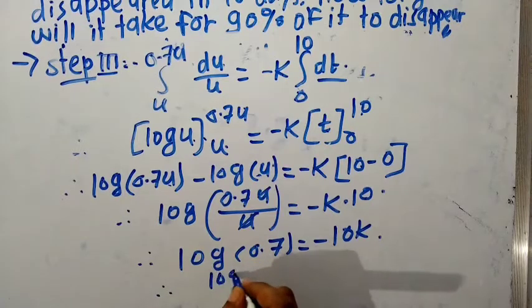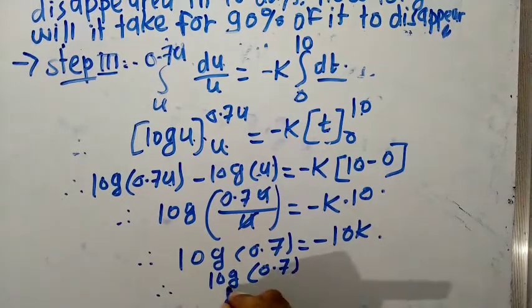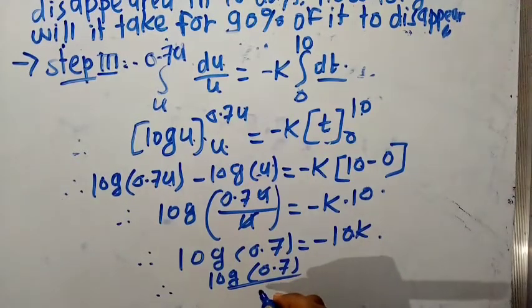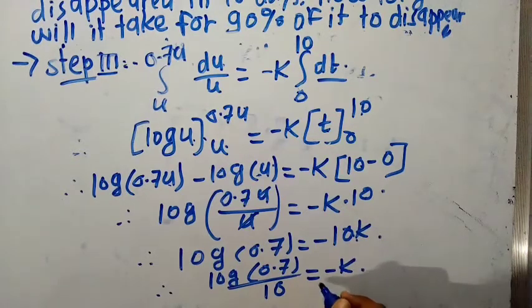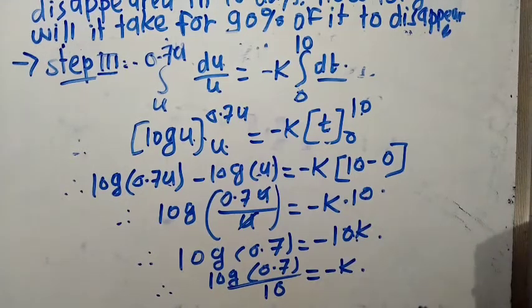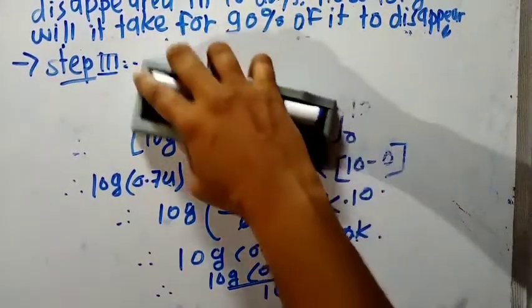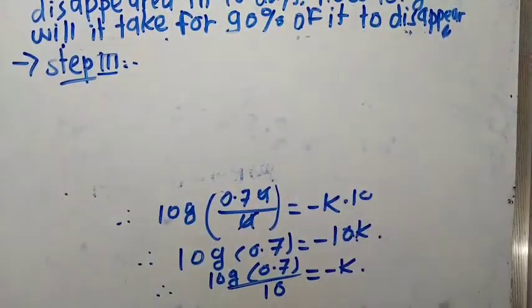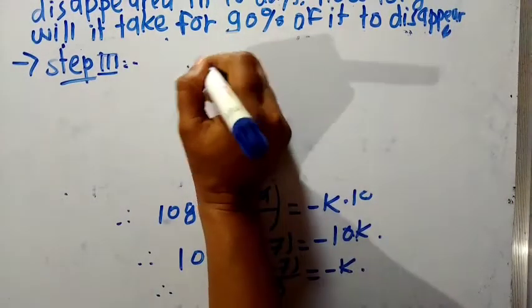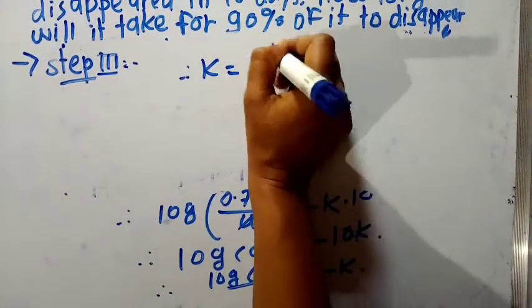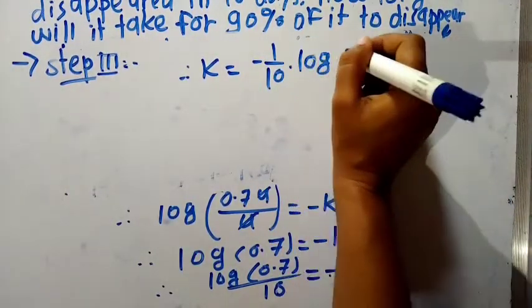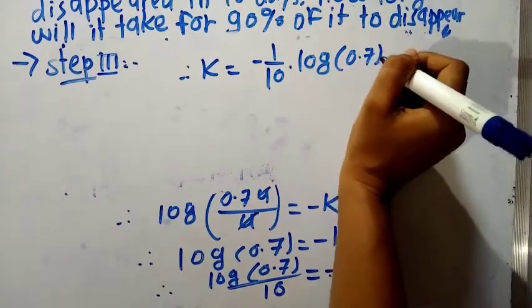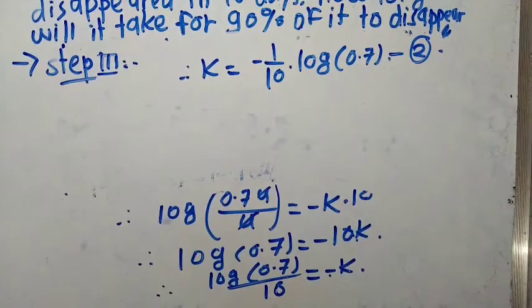Hence log 0.7 divided by minus 10 is equal to k. Hence k is equal to minus 1 divided by 10 into log of 0.7. It is the second equation.